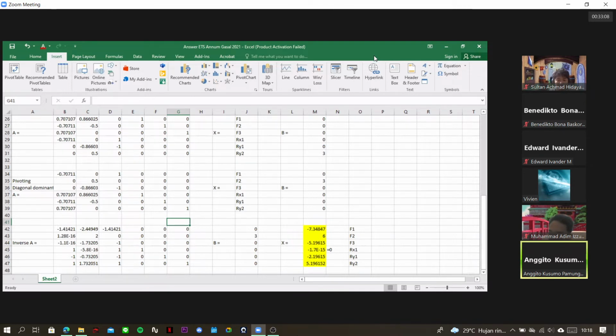Because in the Excel slide the pivot is minus 0.7, but on the right there is 1, so it's not diagonal, ma'am. Yeah, so when we talk about the pivot element, we are looking for the largest magnitude. So it doesn't matter whether it's negative or positive, but we're finding the largest value.